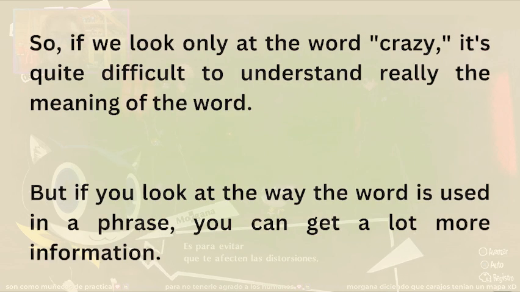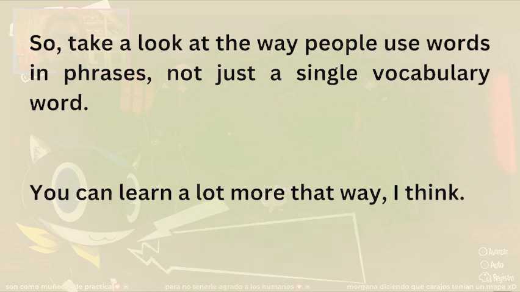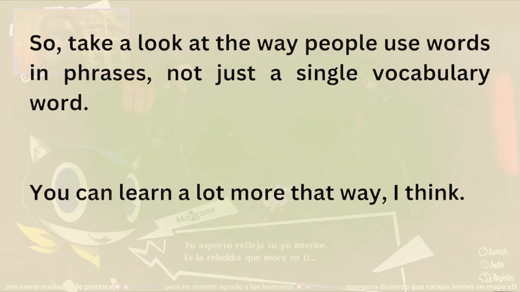So, if we look only at the word crazy, it's quite difficult to understand really the meaning of the word. But if you look at the way the word is used in a phrase, you can get a lot more information. So, take a look at the way people use words and phrases, not just a single vocabulary word. You can learn a lot more that way, I think.